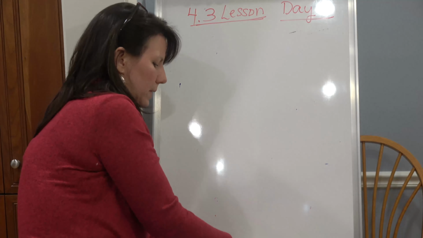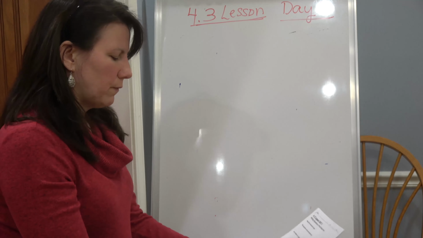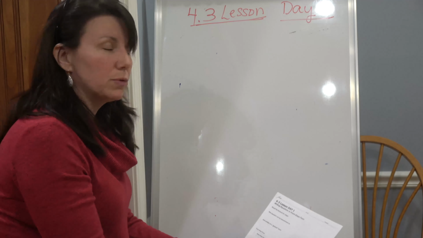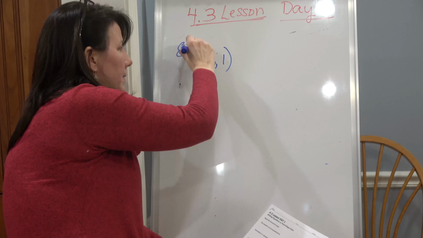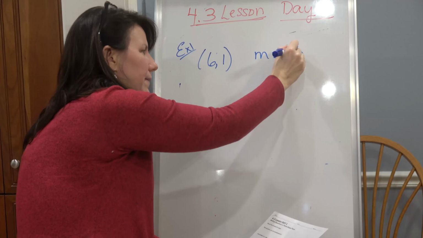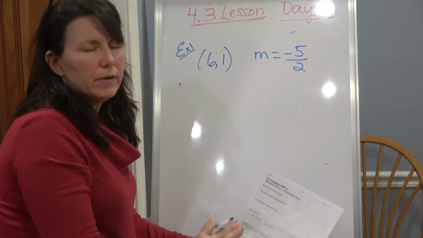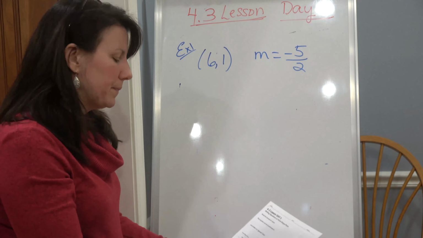Alrighty, we're ready to go here. So in example 1, it says write an equation in point slope form for the line that passes through the point (6, 1) with a slope of -5/2. So this is already written for you, so just watch and think, okay?